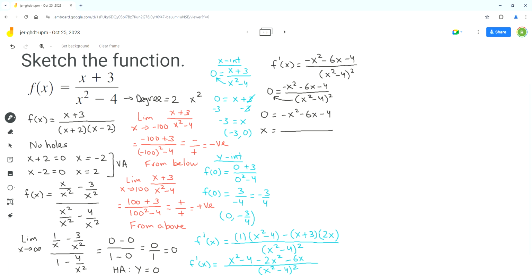So as per the quadratic formula, minus. Now we can simplify this expression.